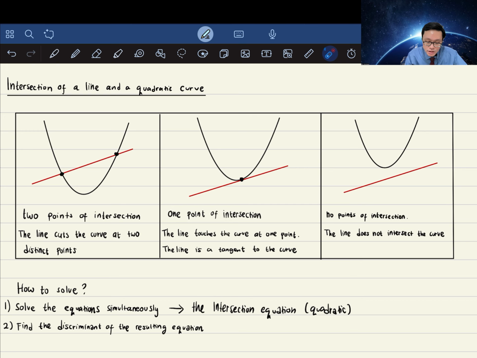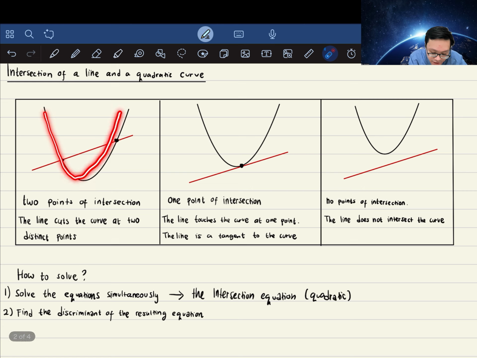So, using the same idea, if you have a curve and a line, and you want to find the value of x that satisfies both equations, the intersection, you want to find the two points of intersection, or one point of intersection, or they don't intersect at all, or no solution, we can use the discriminant. For two points of intersection, it means that the line cuts the curve at two distinct points.